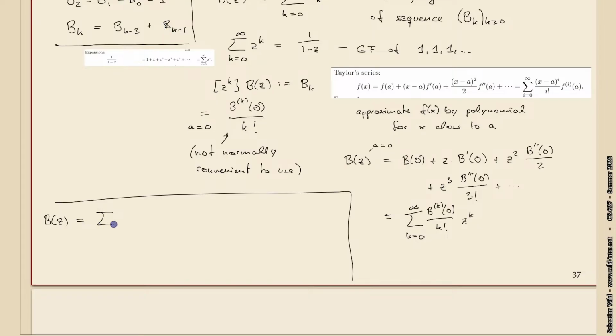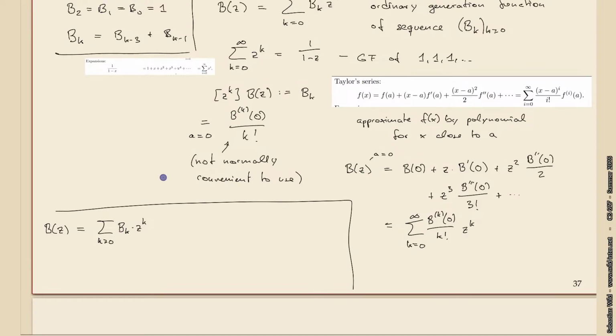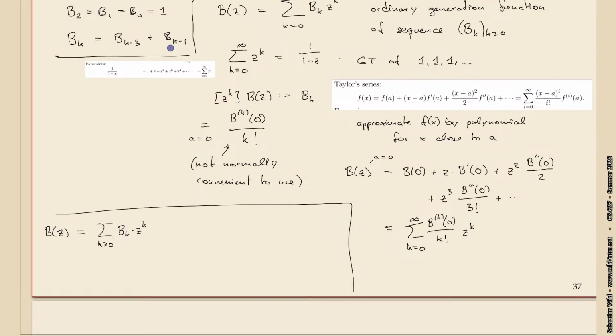The general sum is k greater or equal 0, b_k times z to the k. All we know about the sequence is the first few values and a recursive representation, so we have to use that. There's pretty much nothing else we can do.